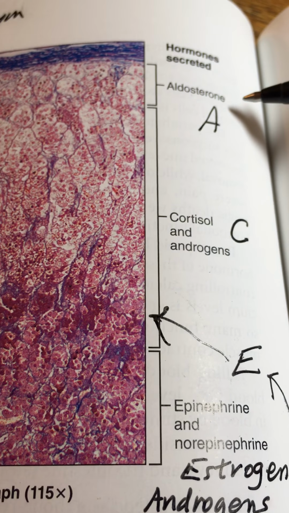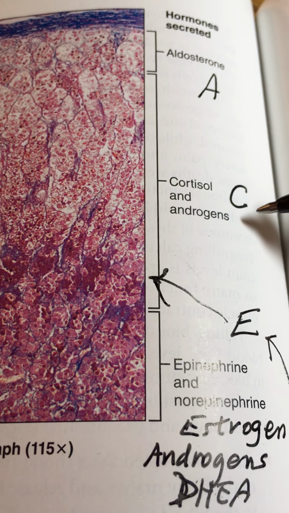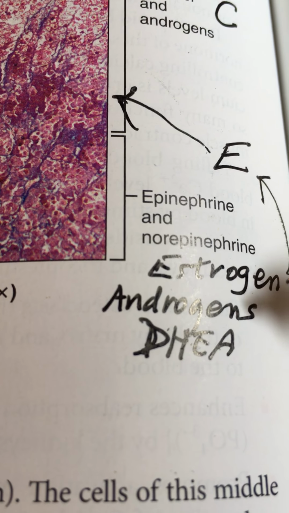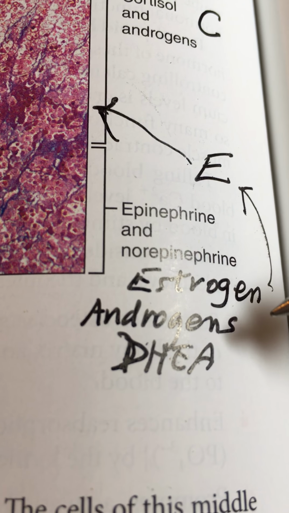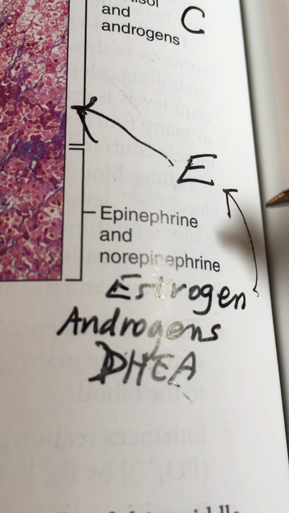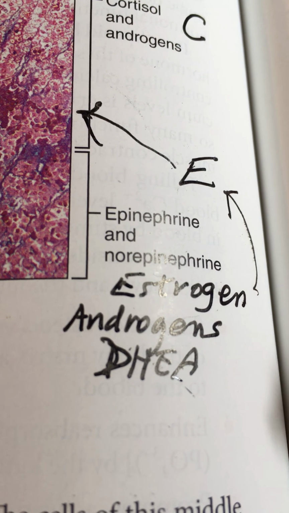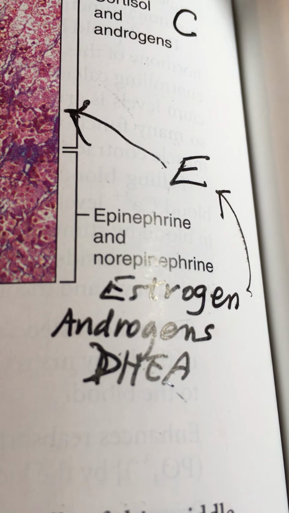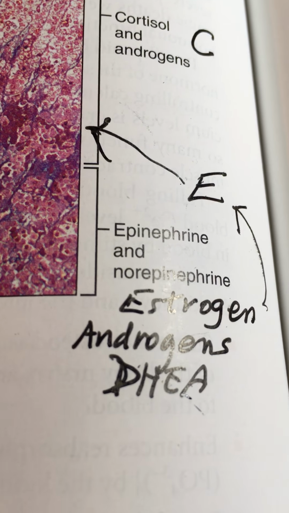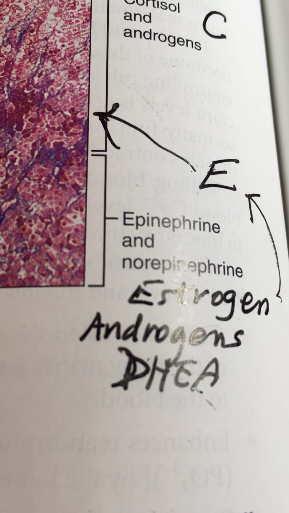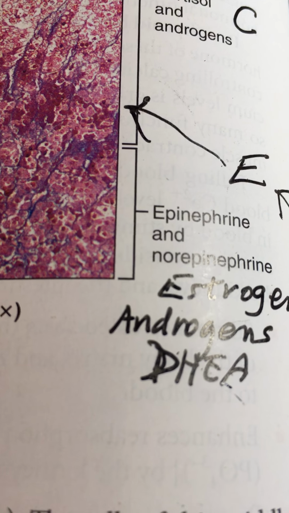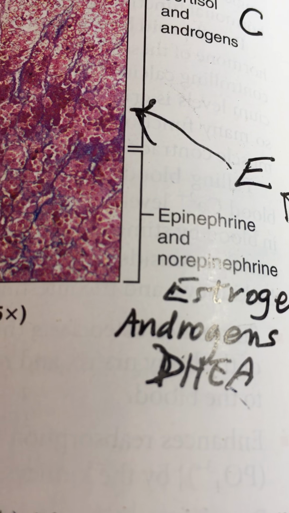So aldosterone out here, cortisol or cortisone here, and then the inclusion of estrogen and androgens and DHEA, other molecules that are precursors to the estrogens and androgens. Okay, so I have a little E right there. Estradiol would be a part of that program.